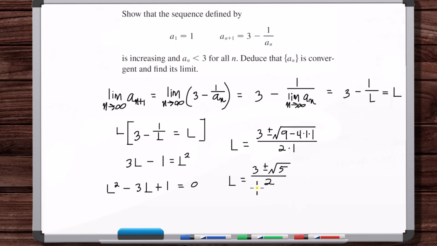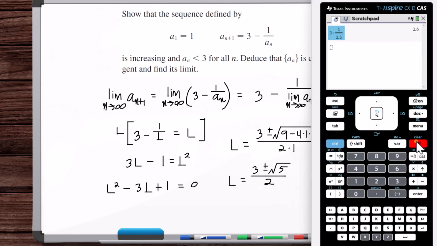So we've got two possible answers here. We've got 3 plus the square root of 5 divided by 2, and 3 minus the square root of 5 divided by 2. Okay, so it can't be this, right? Because the sequence we've proven is bounded below by 1. But this makes sense.